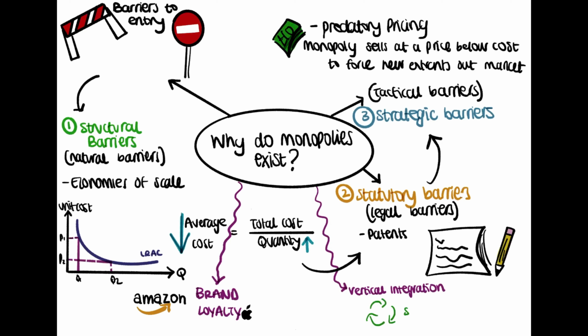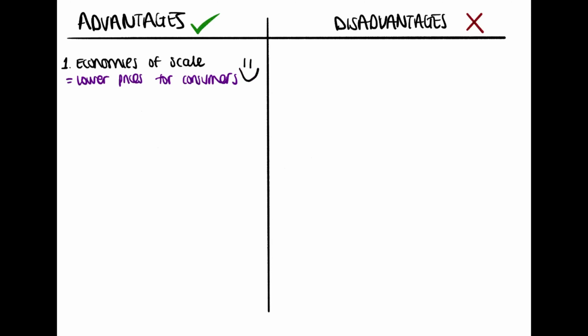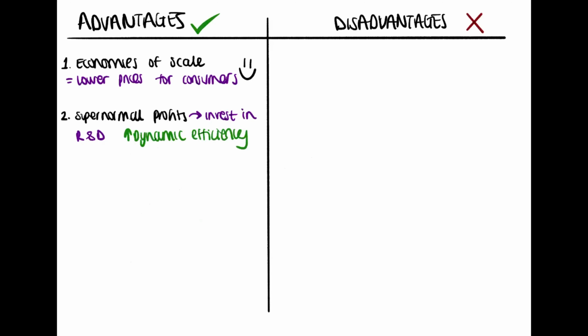Now let's look at the advantages and disadvantages of a monopoly market structure. One advantage could be lower prices due to economies of scale. You could also argue that because monopolies make supernormal profits by charging consumers higher prices, the profits could be used to invest in more research and development, which would then increase dynamic efficiency.